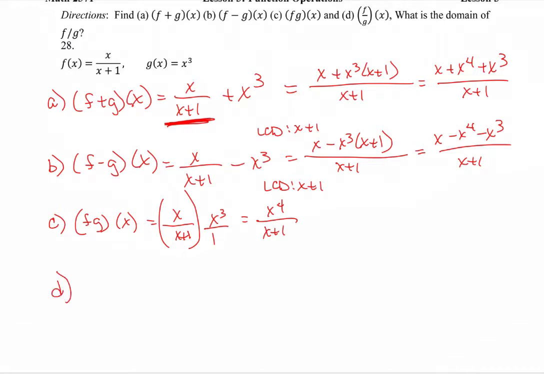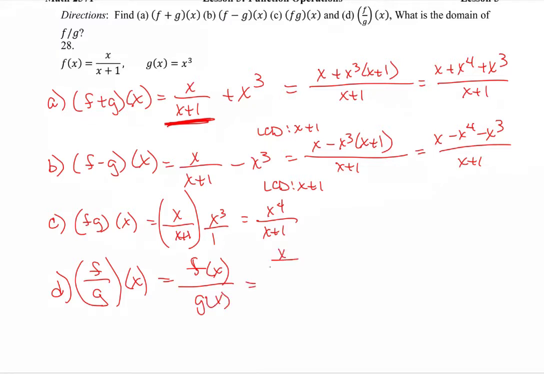And for D, we have f over g of x, which is f of x over g of x, which ends up being x over x plus 1 all over x cubed.